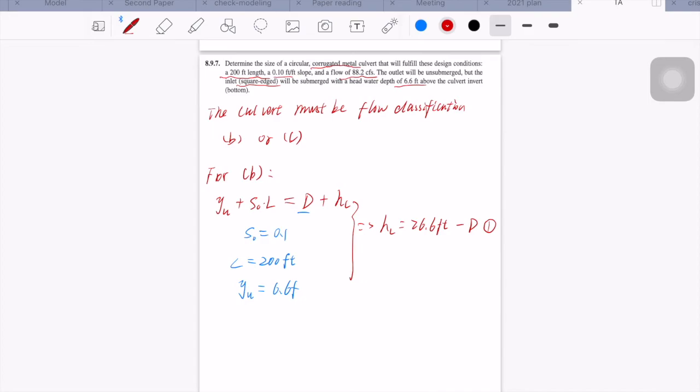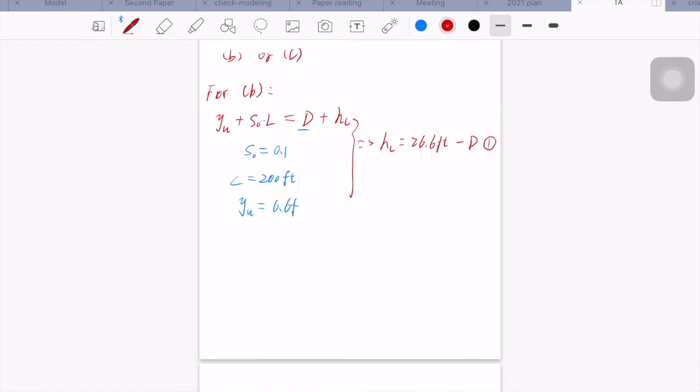And according to equation 8.18 in the textbook in the British unit, we know the head loss also equals Ke plus n squared times L over 2.22 times Rh to the power 4 over 3, plus 2g plus 1, times 8 times Q squared over pi squared times g times D to the power 4.